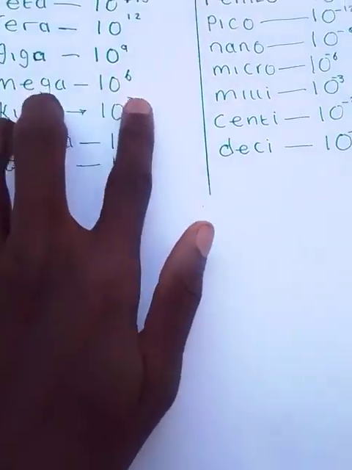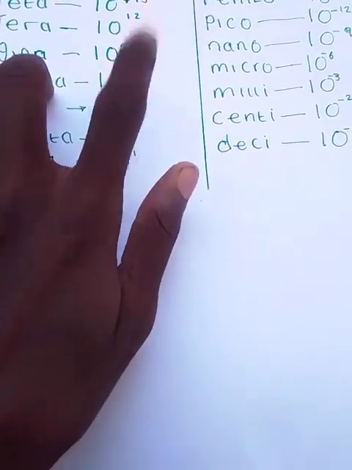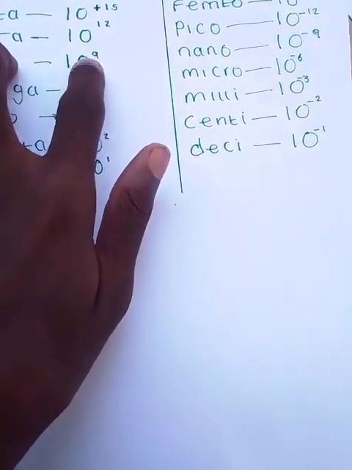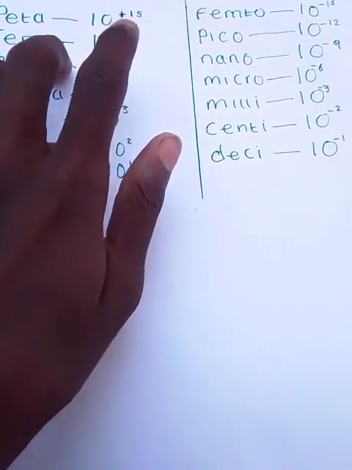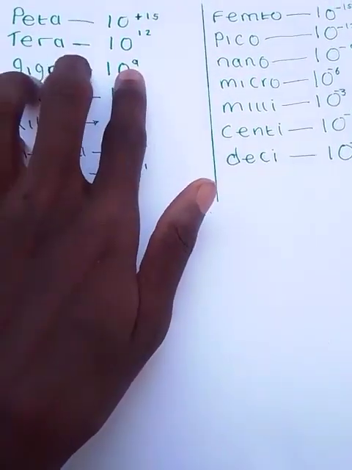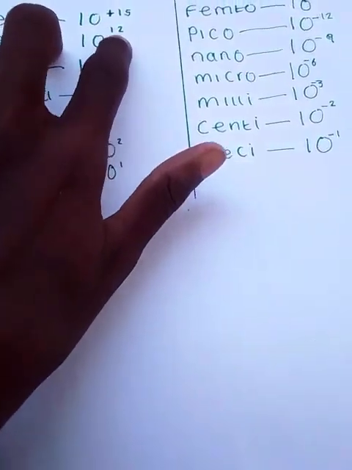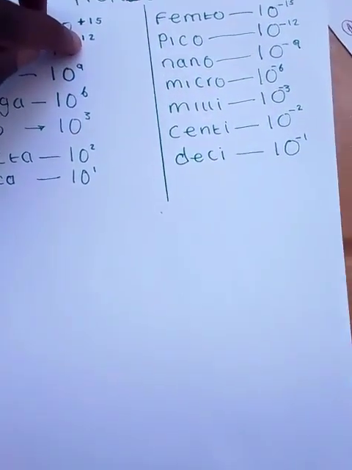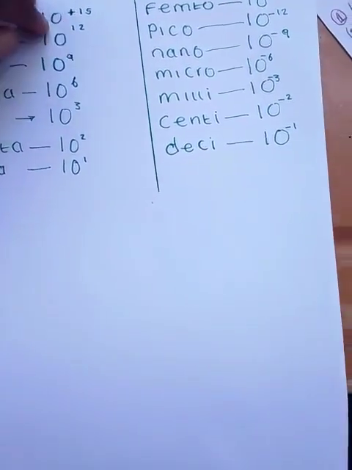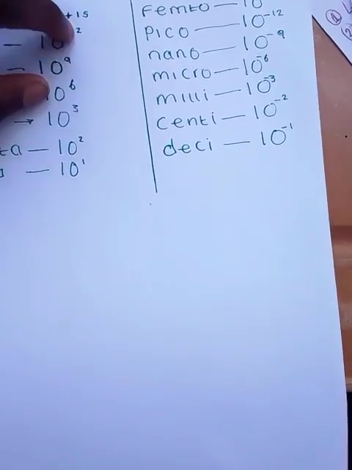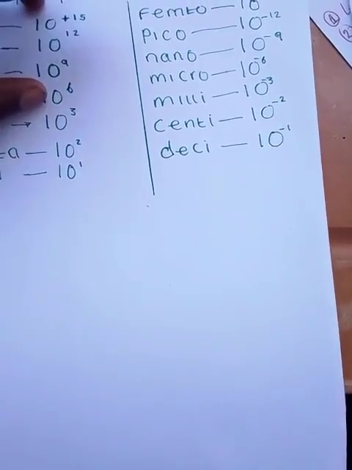Again, to go to the next power, you add 3 to 6, which will give you 9. Again, you add 3 to 9, which takes you to 12. Right now I'm just focusing on the powers. Then from 12, when you add 3, it will give you 15.